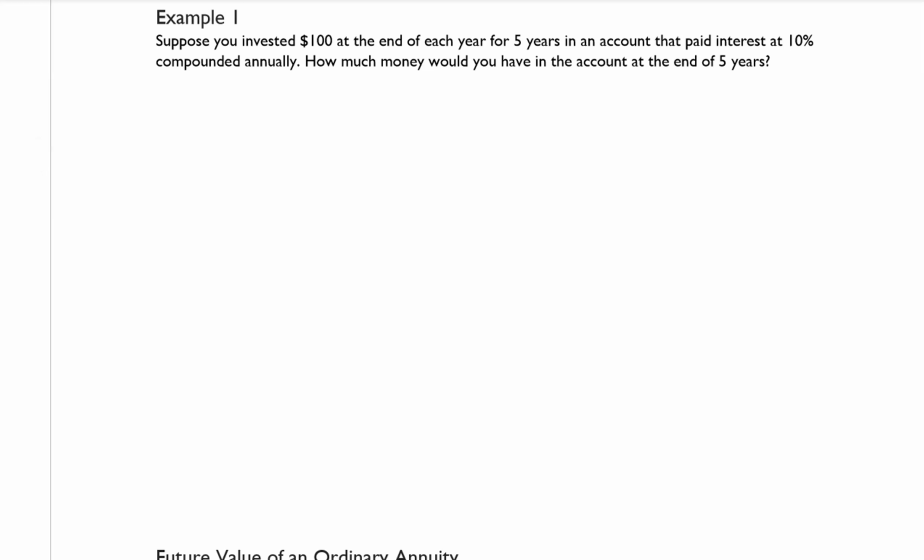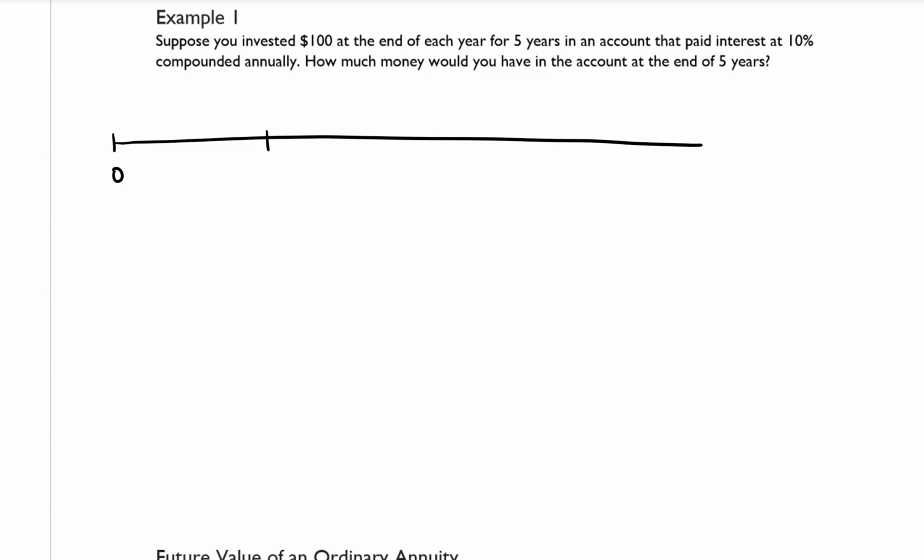Example 1 says, suppose you invested $100 at the end of each year for 5 years in an account that paid interest at 10% compounded annually. How much money would you have in the account at the end of 5 years? So I'm going to draw a little timeline here. That is the starting point.